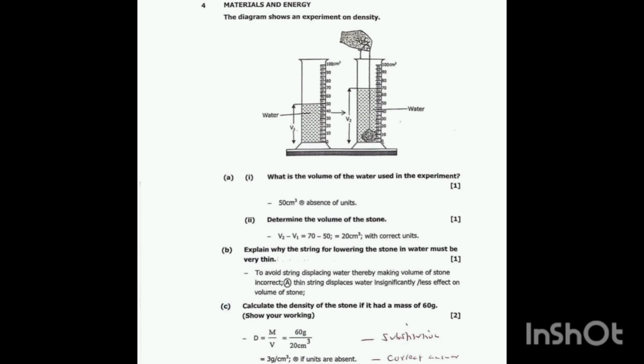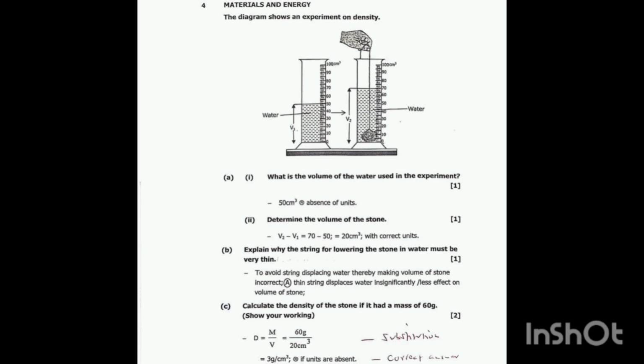So we can now substitute. Where there is mass, you put 60 grams, and where there is volume, you put 20 cubic centimeter. When you divide 60 by 20, you obtain 3 grams per cubic centimeter. So this is 2 marks. How are the marks allocated?